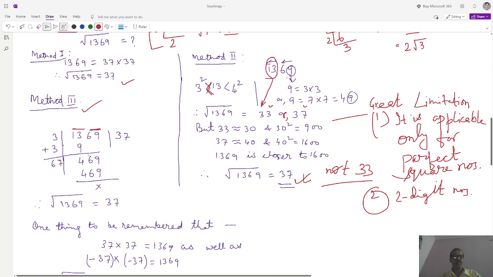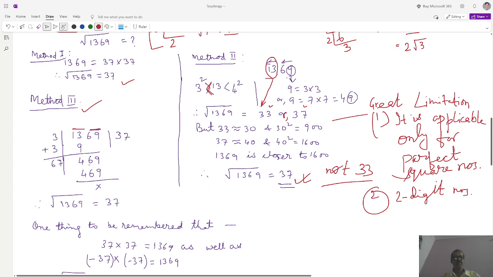If we multiply 68 by 8, then the number will be greater than 469. If we multiply 66 into 6, then the number will be below 469. But if we put 7 and multiply 67 by 7, then we will get the number equal to 469, and the square root will be 37.